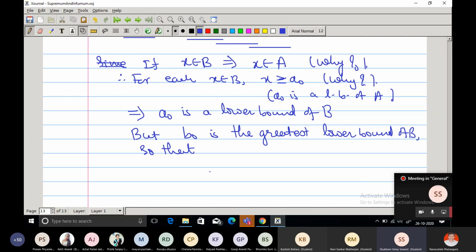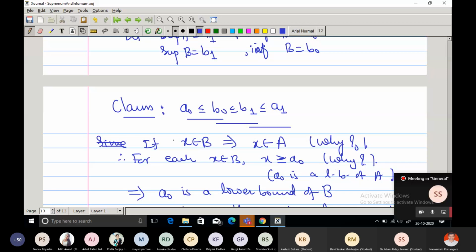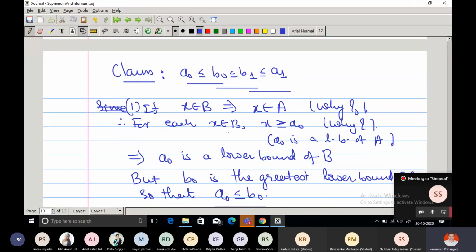B0 is greater than or equal to A0. Right. A0 is just a lower bound. But what is B0? B0 is the greatest among all lower bounds. So what is the relation between A0 and B0? Right. So this part is done. So half the part is done.